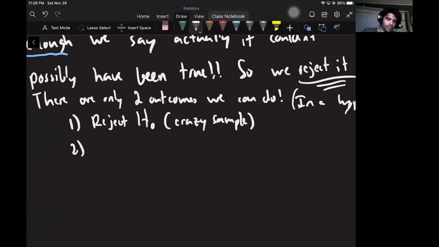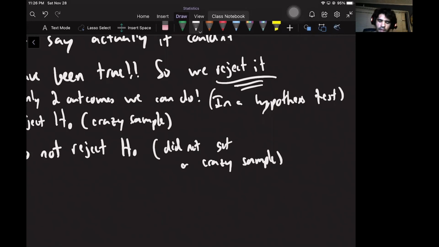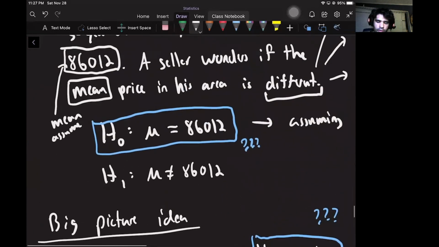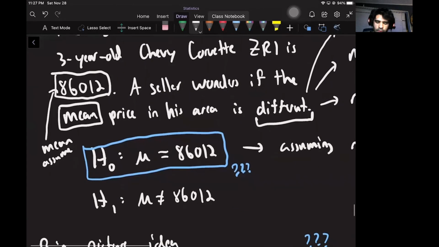So you can either reject it or you can never accept it. The only other thing you can do is you could not reject it. And really that's just saying that you didn't get a crazy sample. So maybe you got a sample of these Chevy Corvettes and your sample mean was 86,013.